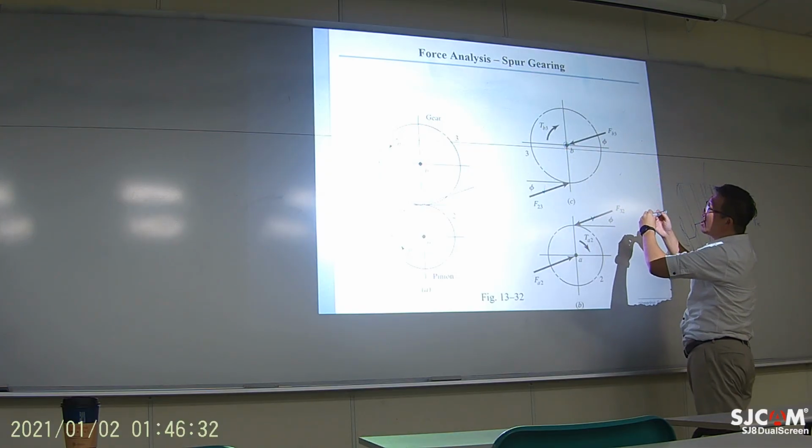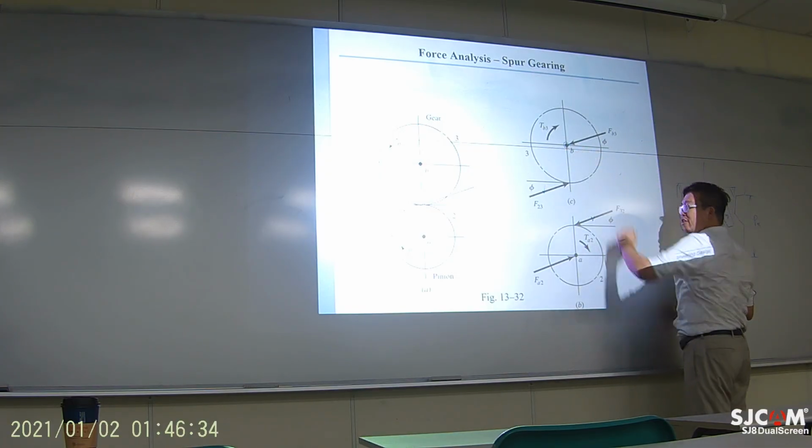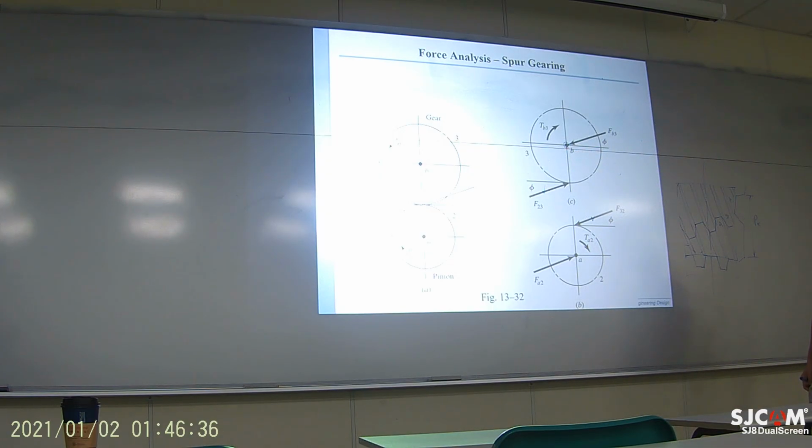So there would be a reaction force on the shaft. So that's how the force is balanced. But when you have two forces that have the exact same amplitude but act along different lines, it's a couple. So the force couple will generate torque.